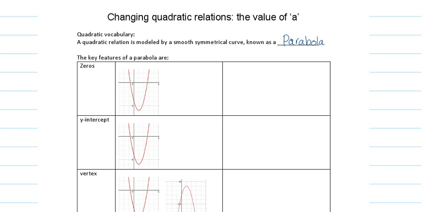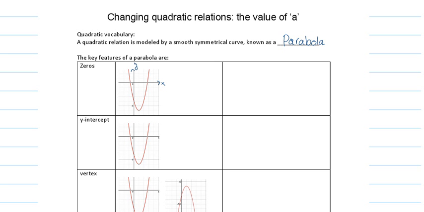Now, when I graph a parabola, it has a few different features: the zeros, the y-intercept, the vertex, and the axis of symmetry. Okay? So we're going to start with the zeros. When I say zeros, I mean when the graph intersects the x-axis. So this is my parabola. This is the x-axis, and this is the y-axis.